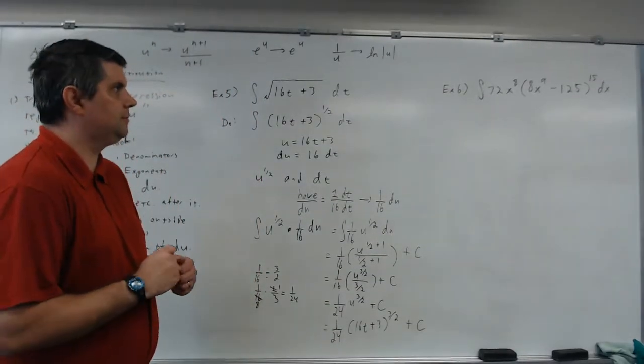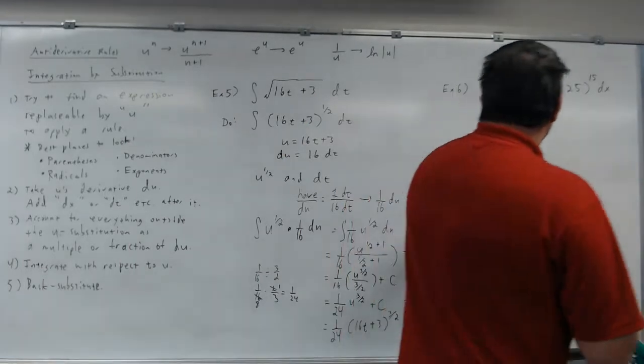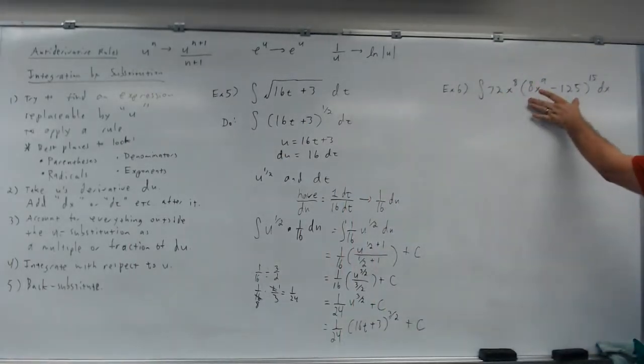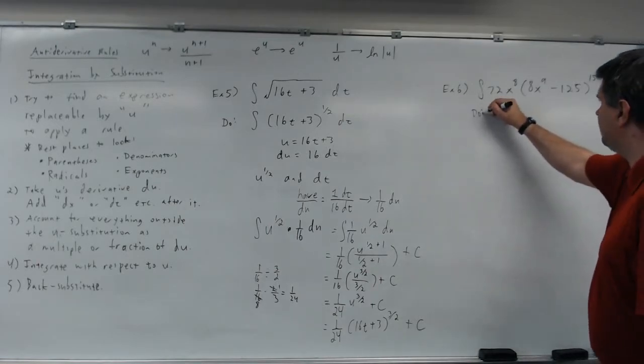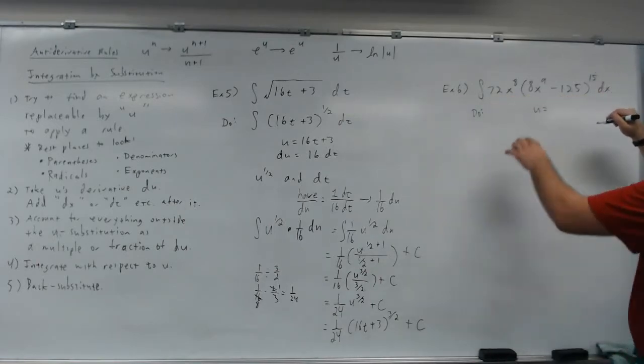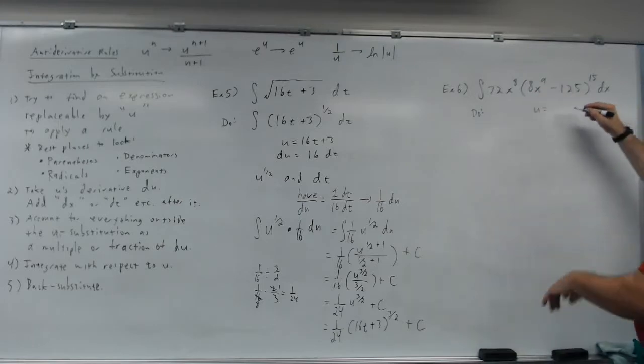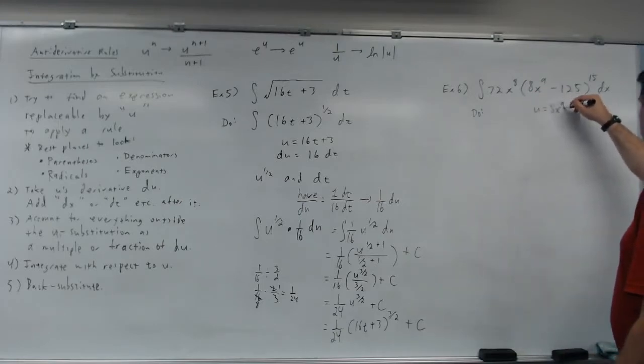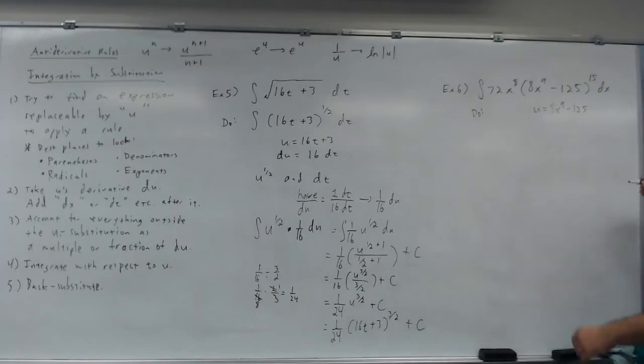All right. I have 72x to the 8th times 8x to the 9th minus 125, all to the 15th power, in parentheses. I have u being equal to 8x to the 9th minus 125. Okay?